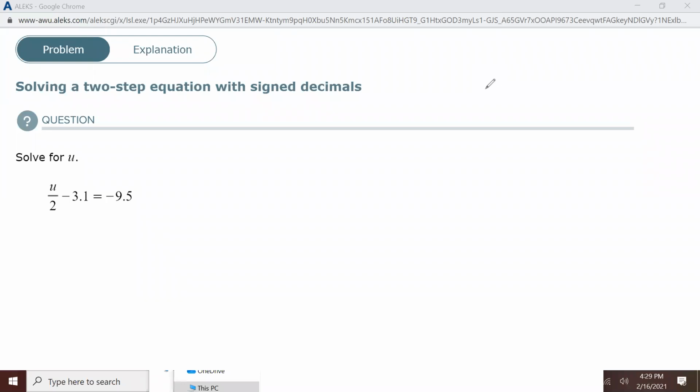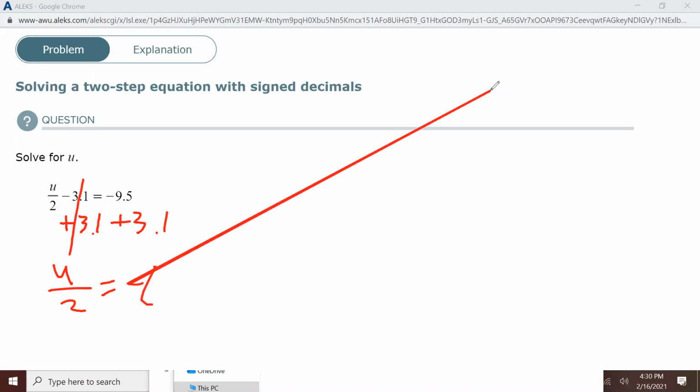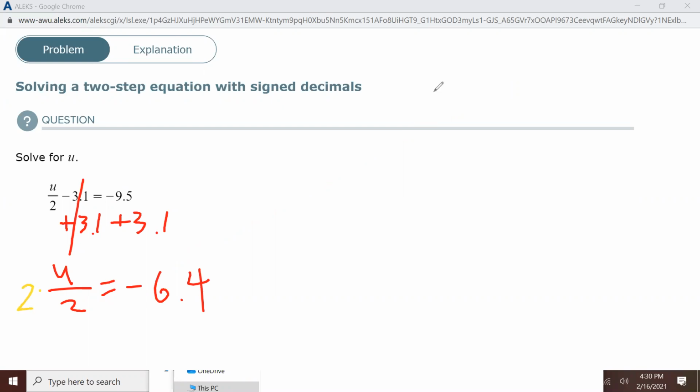Here's a similar one. Let's start by adding 3.1 to both sides of the equation. And u over 2 is equal to negative 6.4, and now I just need to multiply both sides of the equation by 2.